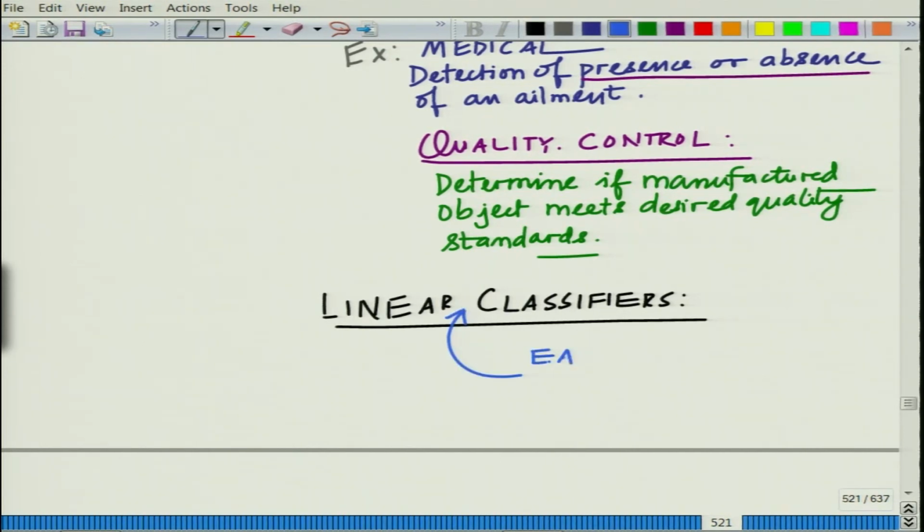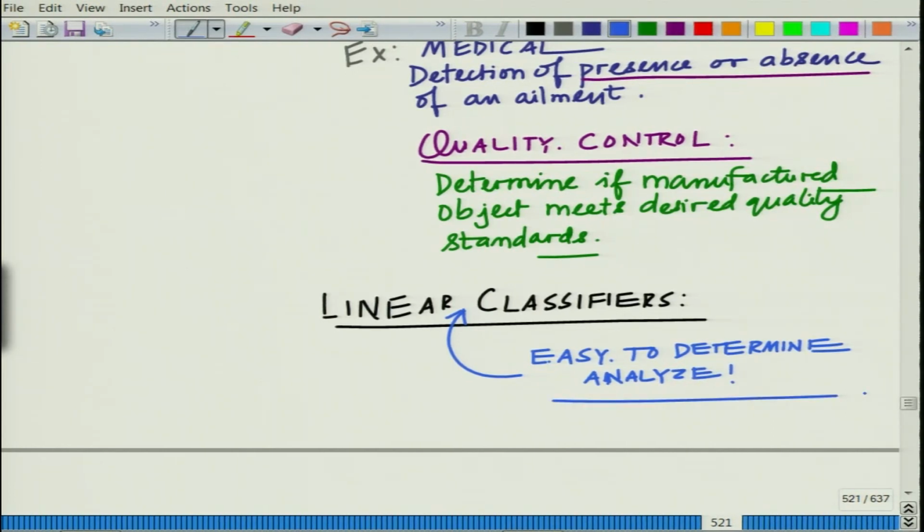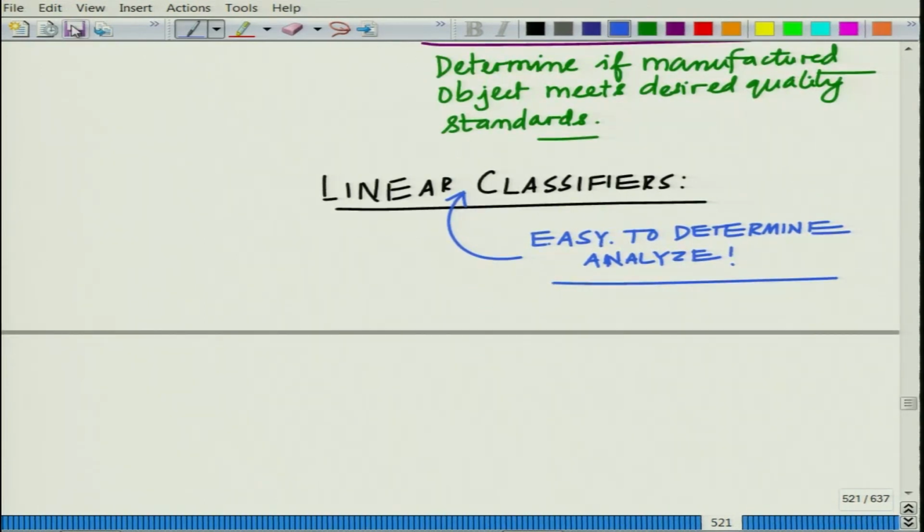Non-linear classifiers are typically much more intractable, hard to determine, and more importantly also hard to analyze.